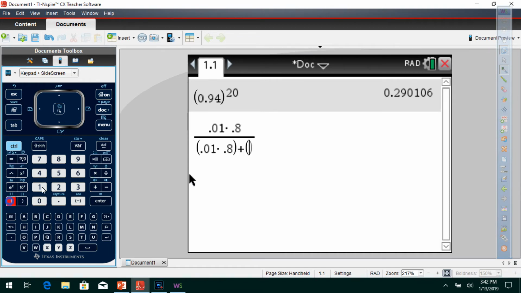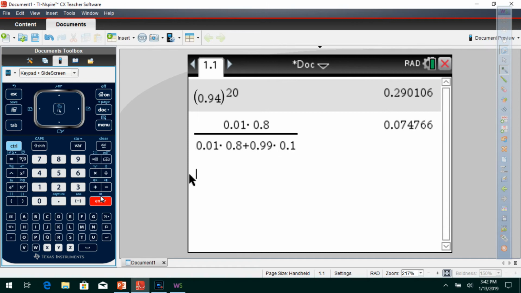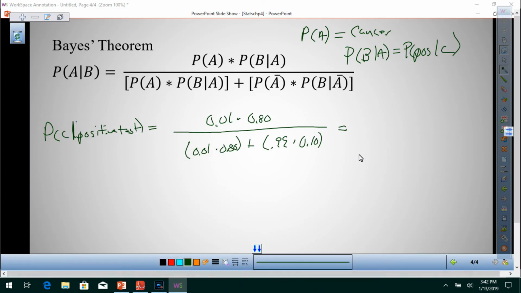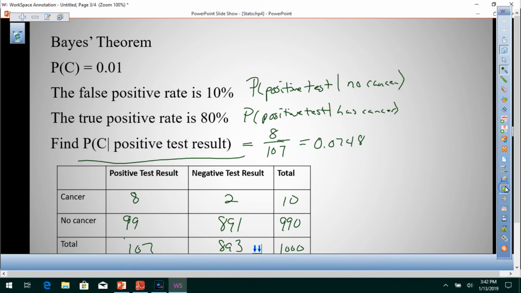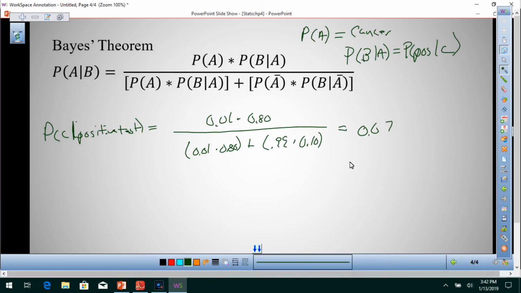Plus, open parentheses, 0.99 times 0.1, enter, and wow, we got the same thing. 0.0748, rounded to about 7%.